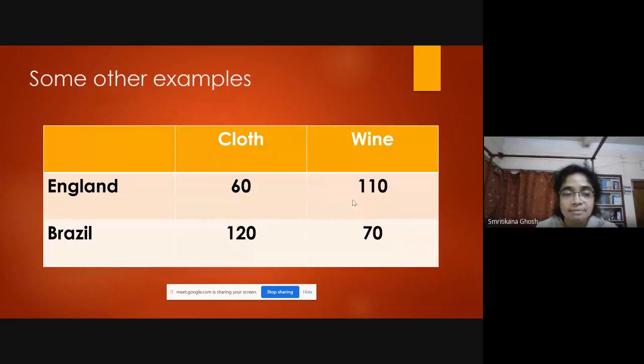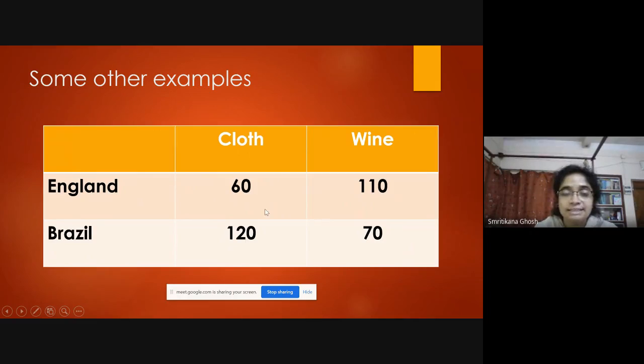Consider another example. This is the example of England and Brazil. They are producing cloth and wine. Look here, the same thing. If the worker is working for a day or a particular time, he can produce either 6 units of cloth or 110 units of wine in England, and in Brazil it becomes 120 units of cloth or 70 units of wine.